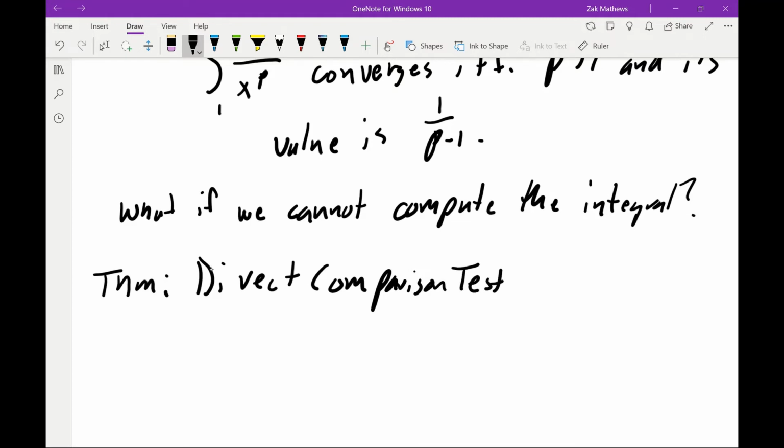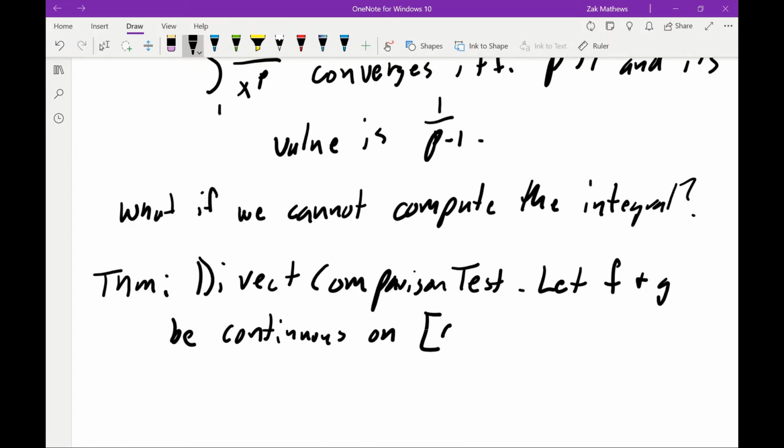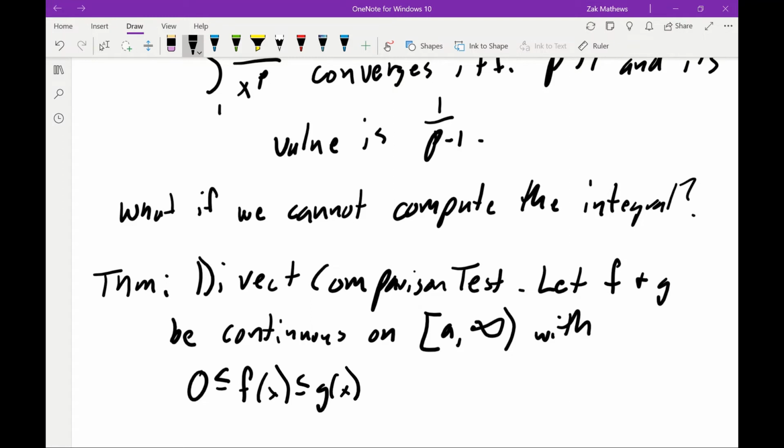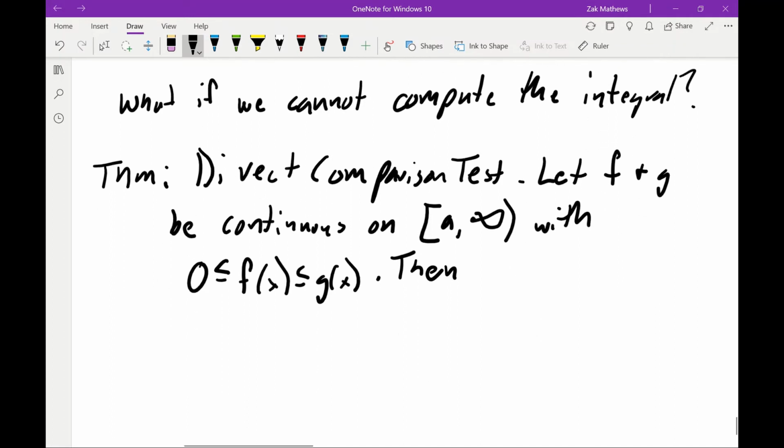The direct comparison test states, let f and g be continuous on the interval a to infinity, with the function f being larger than 0 but also smaller than g. So g is the dominant function here. Then one of two things has to be true.